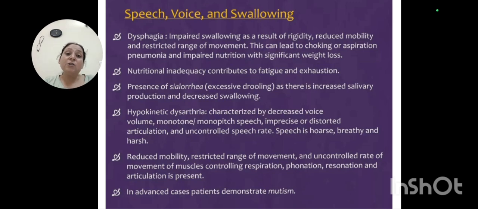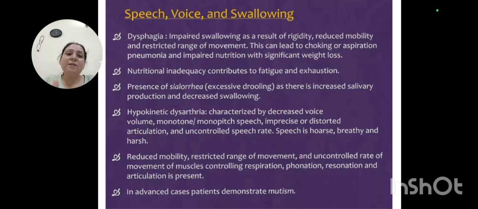And this is also because of the respiration, because our respiration also plays a very important role. Sometimes in phonation, whenever we need to stress certain words, we use our breathing. Since the range of chest mobility is reduced, we find there is some difficulty in phonation, respiration and articulation, and decrease in motion.